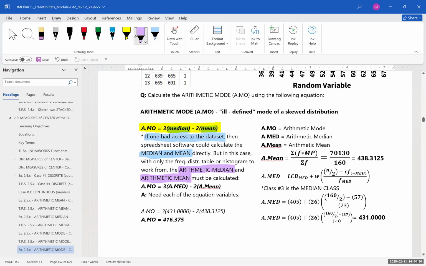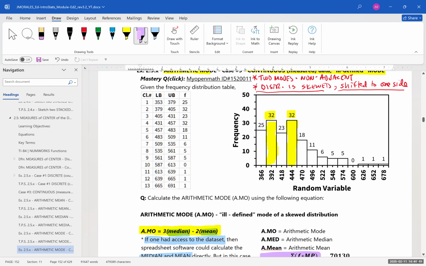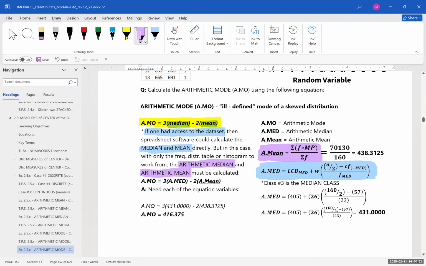So, to kind of refresh your memory, the arithmetic mean uses this equation, and the arithmetic median uses this equation here. So if we used this first equation to calculate the arithmetic mean of this distribution up above, again, you can do your own work to confirm this, but this is the value that you should get, 438.3125. And if you use the equation for the arithmetic median, you should get 431 exactly.